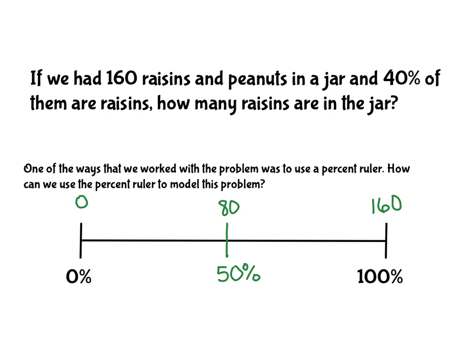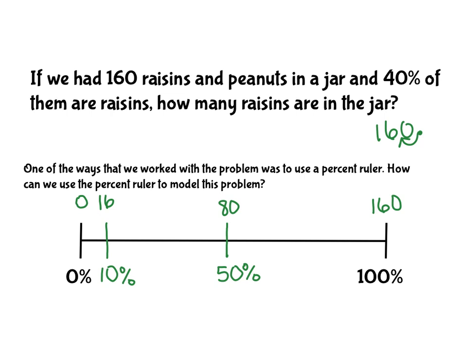So we can find 10%. And by finding 10%, you are moving your decimal point over one spot. So you've got your 160, your decimal point is at the end, and you move it over one spot for 10%. So that would just be 16 of them.